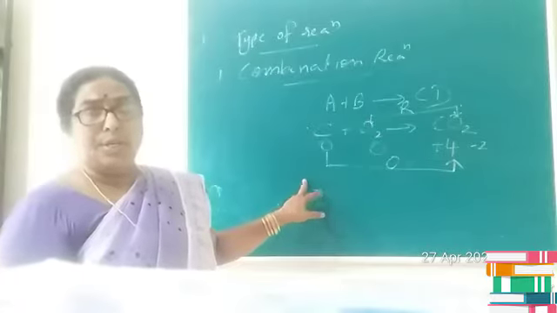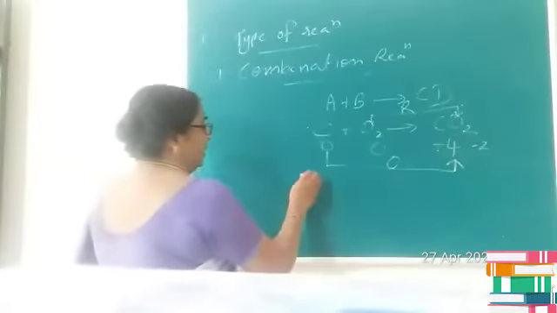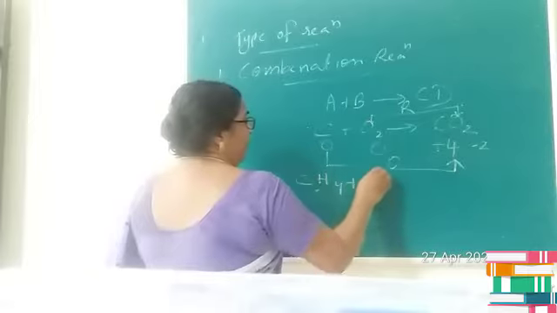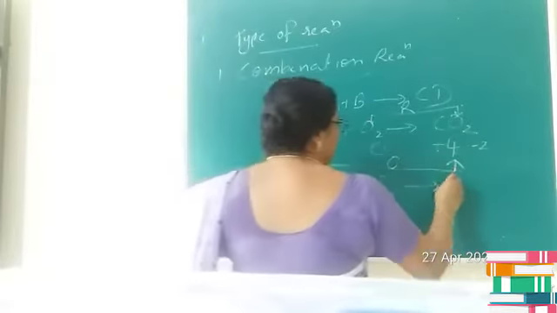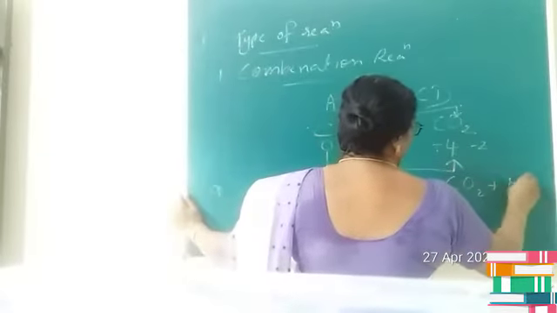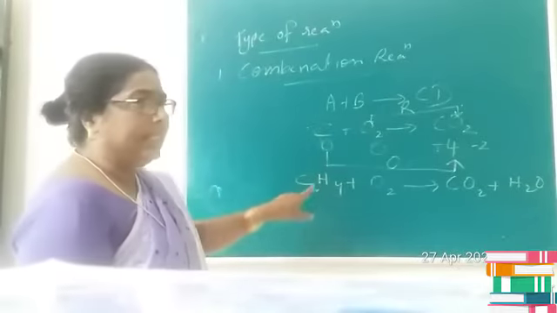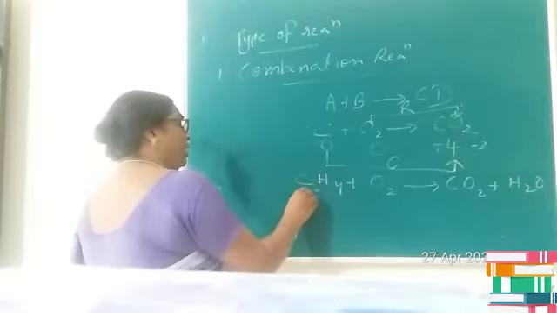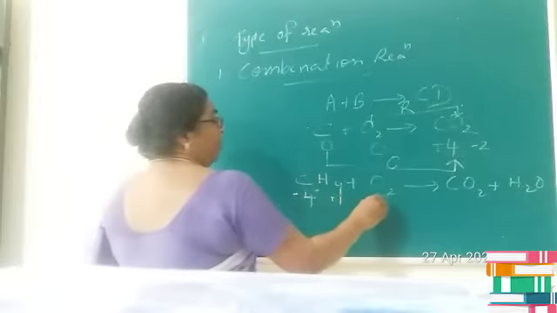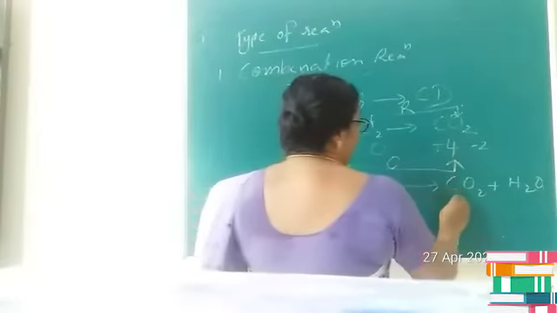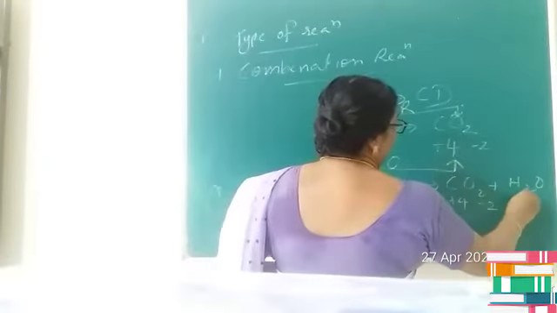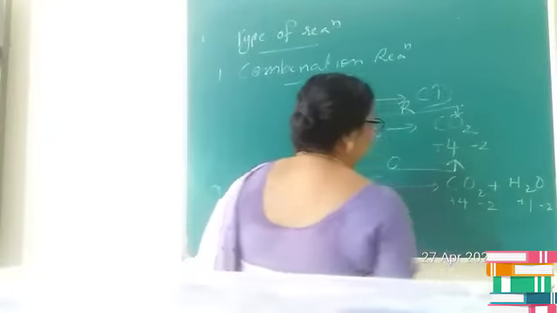Is it clear, children? Do you need one more example? Okay, listen here. Consider CH4 plus O2 will give you CO2 plus H2O. The oxidation state of carbon in CH4 is minus 4, hydrogen is plus 1, oxygen is 0; in CO2 it is plus 4, minus 2, and in water plus 1, minus 2.